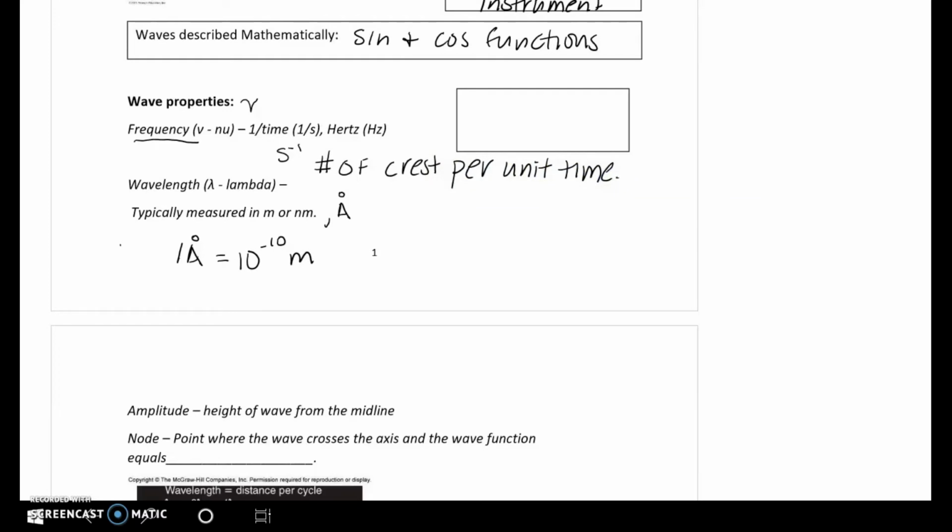And a wavelength is defined by one complete cycle of a wave. One cycle of the wave. And again, I'll show you what this looks like on the next page. I'm just defining it right now. And we know that our frequency and our lambda are going to be inversely proportional. So if one goes up, the other one's going to go down.